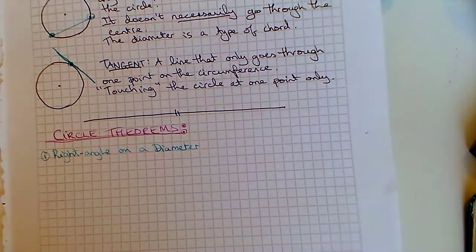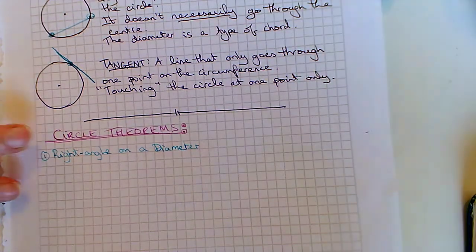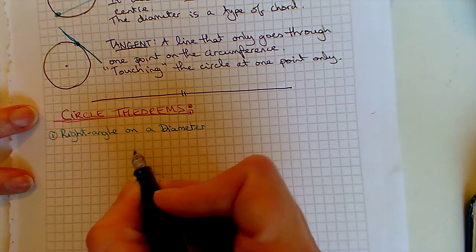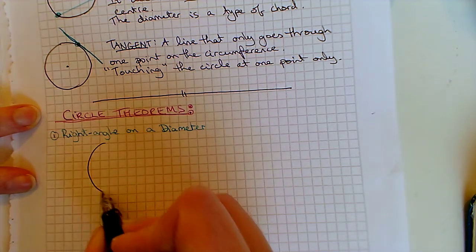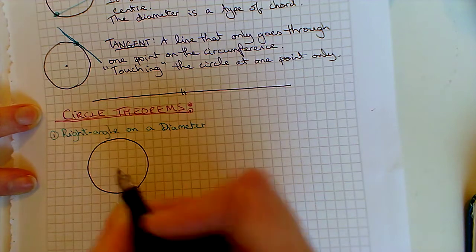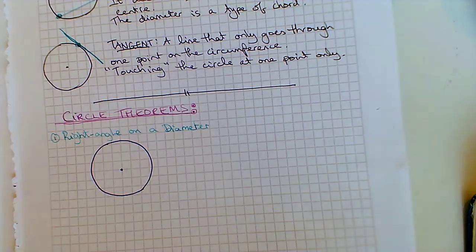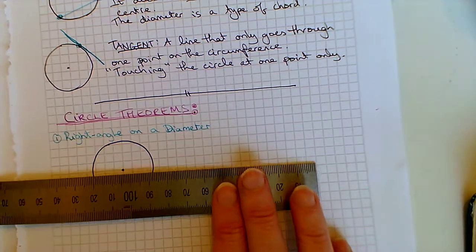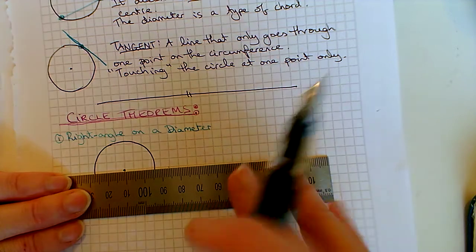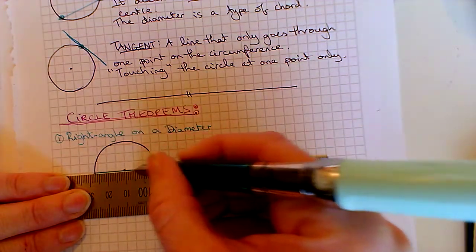And the easiest way to remember your circle theorems is through a diagram. So each of these will have a diagram associated with them. If I draw a circle like this, so right angle on a diameter. If I draw in my diameter of my circle going through the center like this, you don't have to use a ruler to do this.